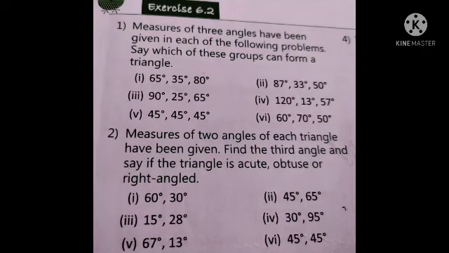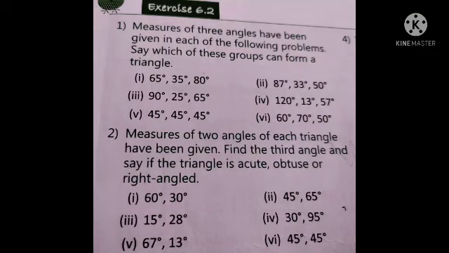So the first property we have studied about triangles was the sum of angles inside a triangle, right? We have studied that the sum of angles inside a triangle will always be 180 degrees. So add these three given angles.